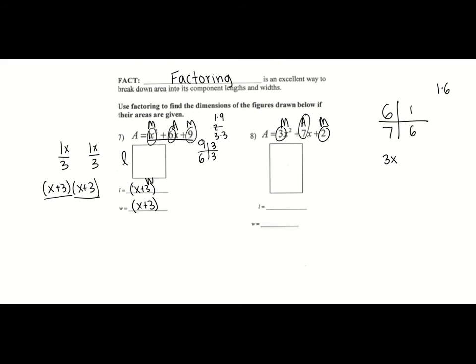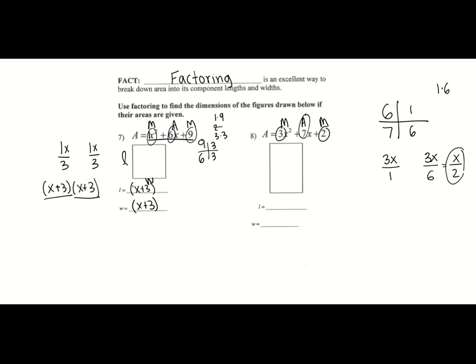We have 3x and 3x. We drop our coefficient and split our variable. And I have 1 on the bottom of one and 6 on the bottom of my other fraction. 3 over 1 can't be simplified, but I can simplify 3 over 6. I get x over 2.